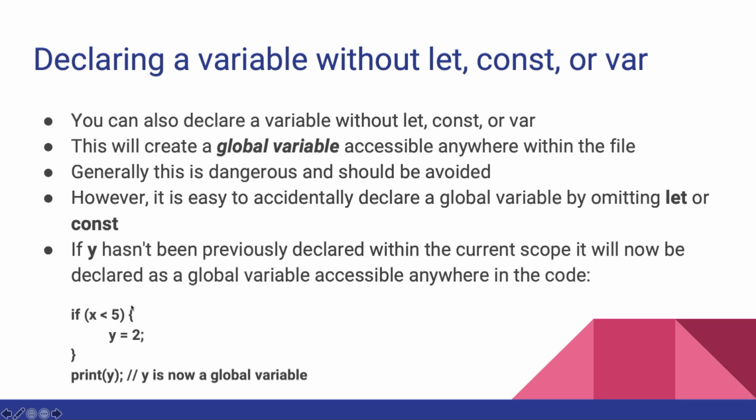And remember, we don't want as many global variables as you might be able to do, because they have problems with side effects and so forth. And so it's really a bad thing to do. So you've got to make sure that whenever you create a new variable, do it using let. And one source of error is probably you're creating global variables because you forgot to use const or let or something like that.